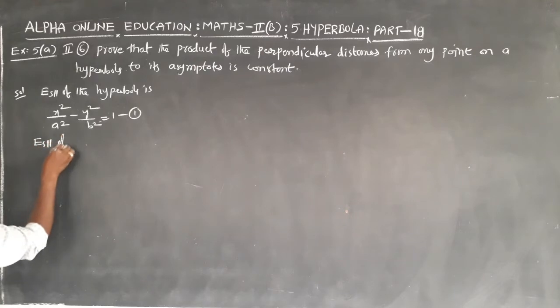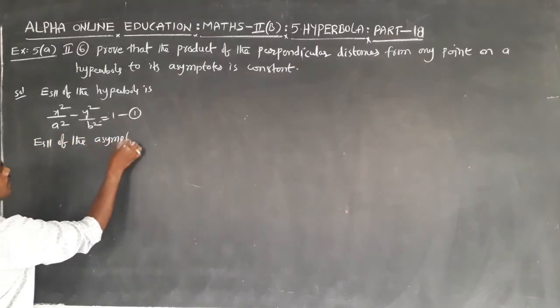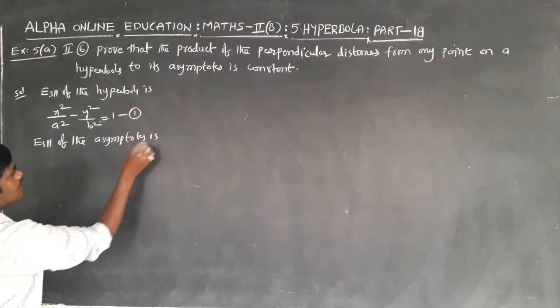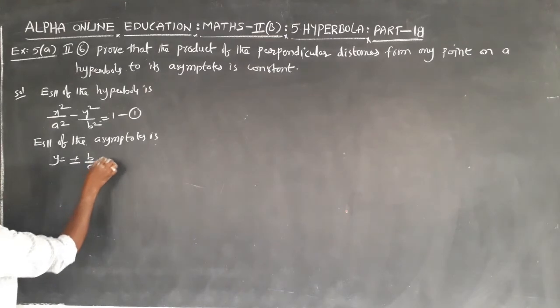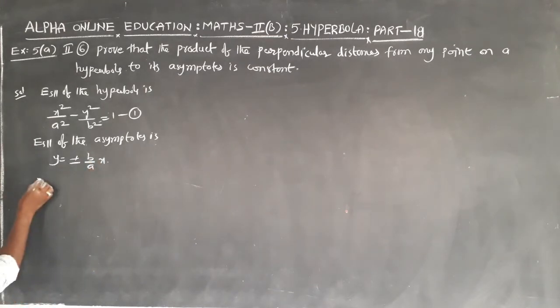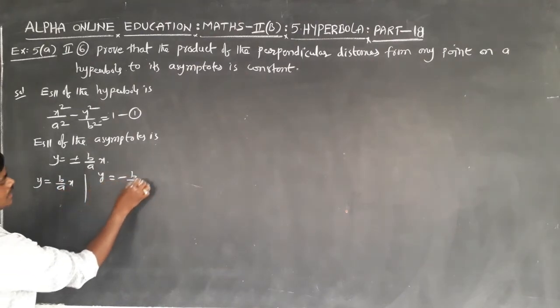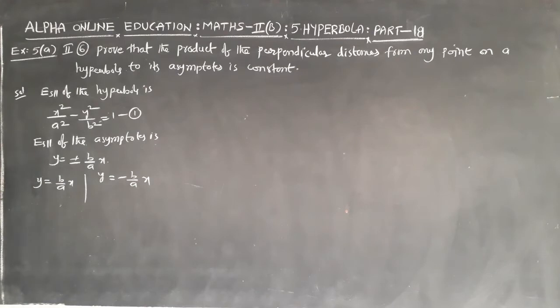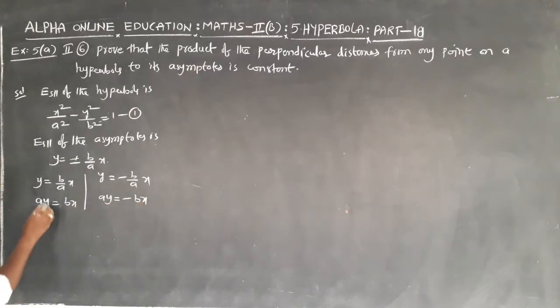Next one is the equation of the asymptotes: y is equal to plus or minus b by a x. First case y equal to b by a x and second case y is equal to minus b by a x. Multiplying by a, ay is equal to bx, ay is equal to minus bx.